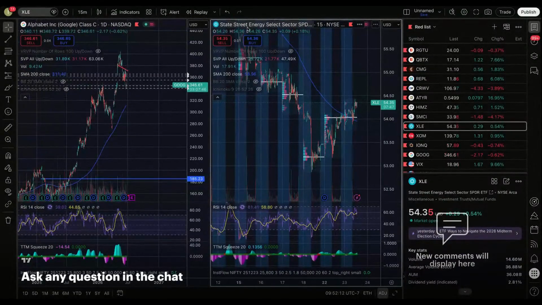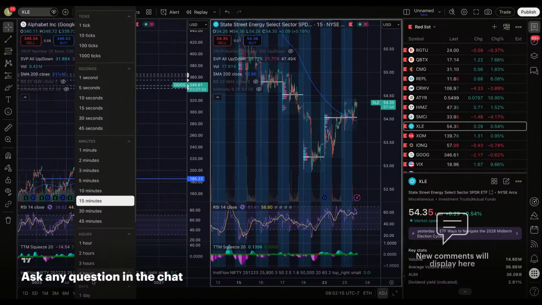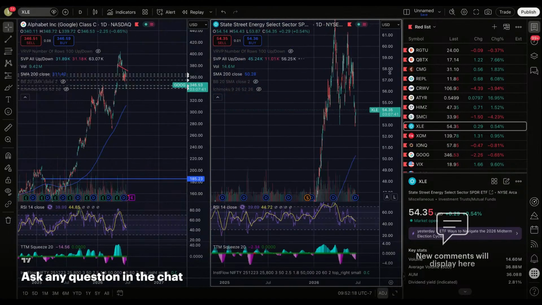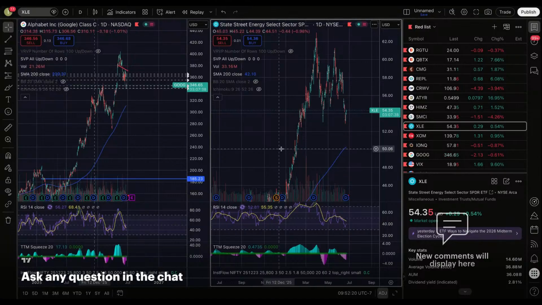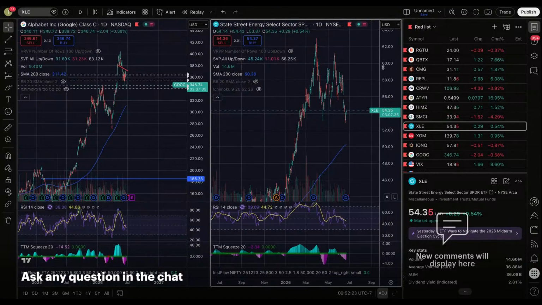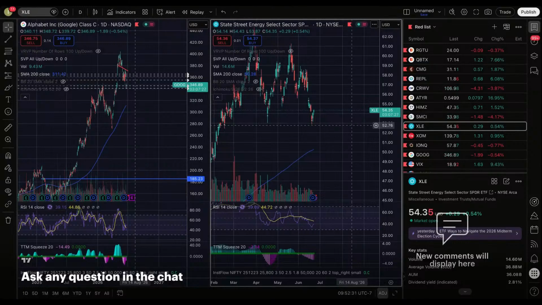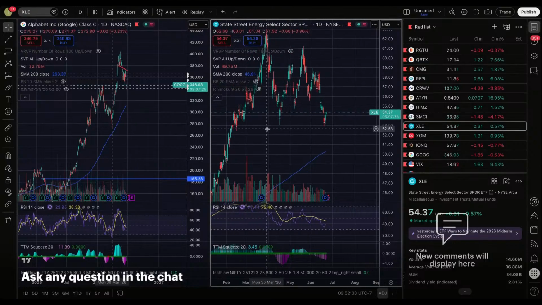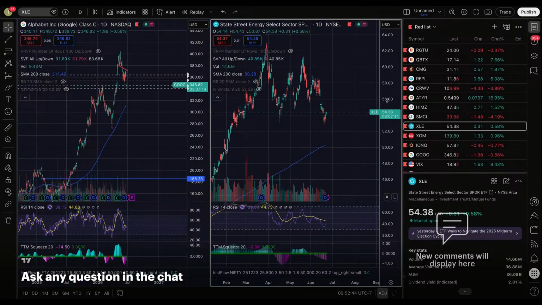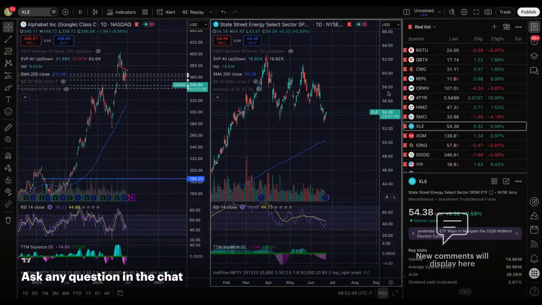Zooming back out a little bit, probably going to the daily, we saw a huge drop in the XLE, breaking the trend line, and we started selling cash-secured puts, I think over the 50, 51 zone. Yesterday, I took profits already because obviously the Trump deal did not stand. But since the war is still going on, there's no peace deal, but there is actually oil flowing through the Strait of Hormuz. So that's why we are not seeing a huge spike in energy as of yet.